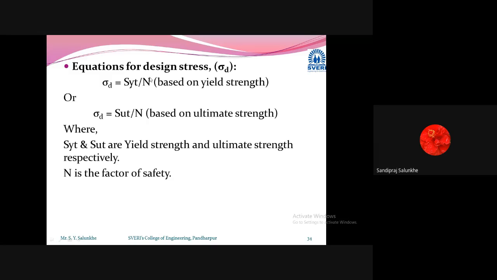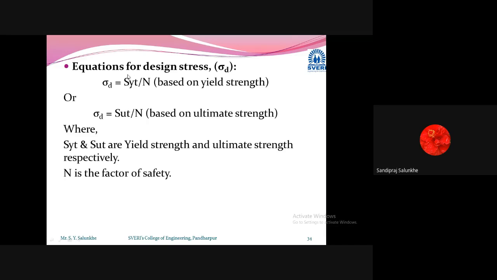Suppose we are going to design a footrest. At that time, one can get how much load may apply on that footrest by taking previous data. Here I want to tell you one example. Before that, let me finish this slide, and later on we'll go to the example. So when we are interested in calculating this design stress, the material property is available in the standard design data book.